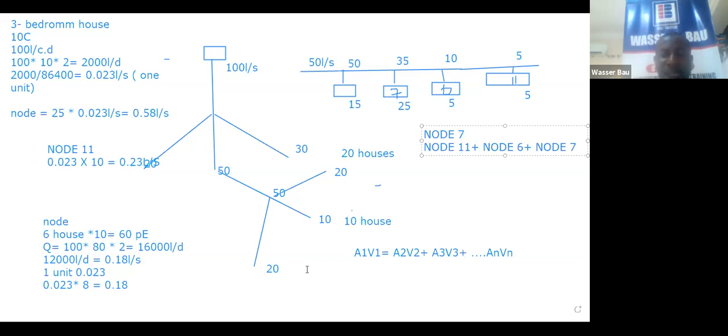Some places they say this is going to be low density areas, this is going to be medium density areas, this is going to be high density areas. That word density is an indication of the number of houses, which also is an indication of the type of infrastructure to be provided.